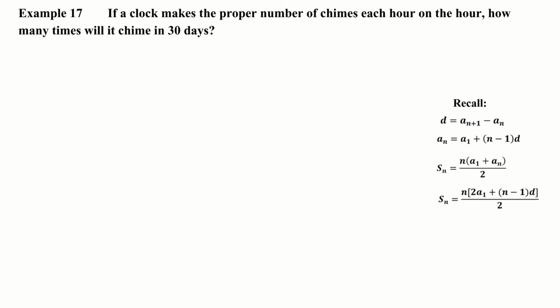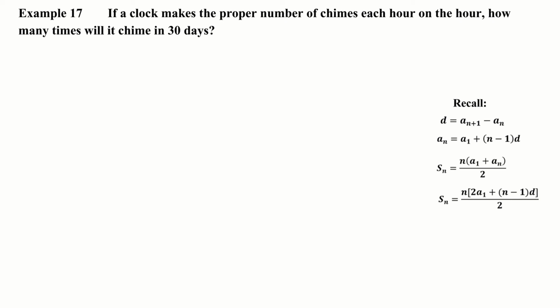Okay, finally, we want to look at two applications, and that's it. Honestly, this time, that's it for the day. All right, so here's an interesting problem. If a clock makes the proper number of chimes each hour on the hour, how many times will it chime in 30 days?